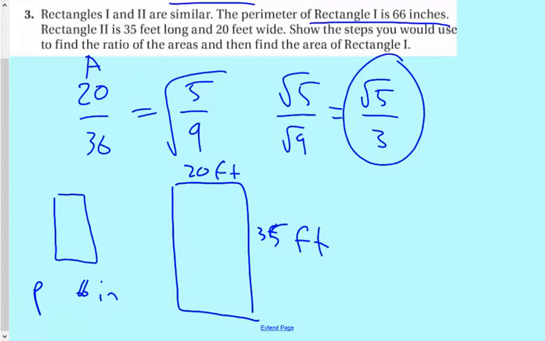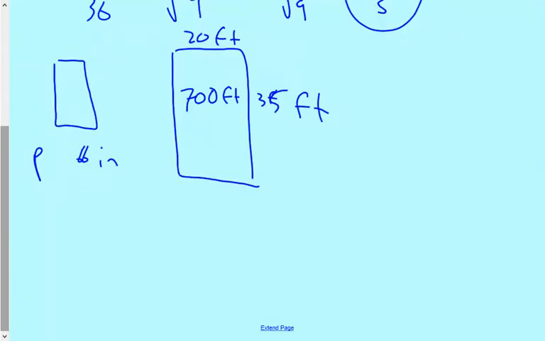Show the steps you use to find the ratio of the areas, then find the area of rectangle 1. Okay, well, I'm going to need the area of rectangle number 2, and that's 700 square feet. Might want to convert that later, I don't know yet. Well, let's convert everything to inches. I think it'll be a little bit easier. So 20 times 12 is 240 inches, and 35 times 12 is 420 inches.